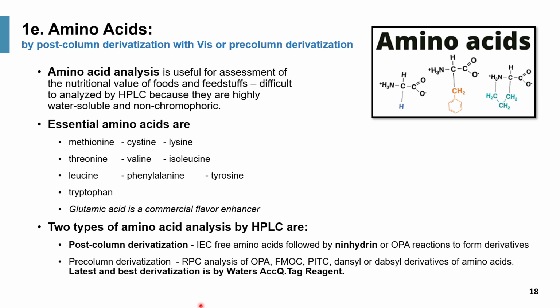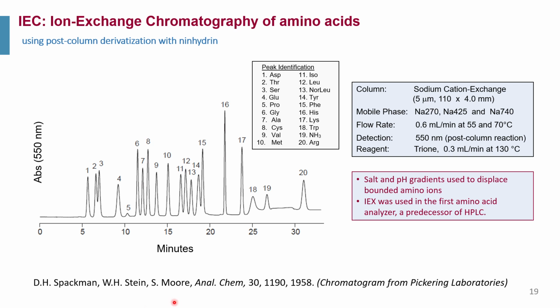Typically there are two types of amino acid analyzer, which we discussed in earlier videos. One is post-column derivatization using ninhydrin post-column reaction, or OPA. The other one is pre-column derivatization. So an example of ion exchange chromatography followed by post-column ninhydrin derivatization under high temperature, showing the separation.